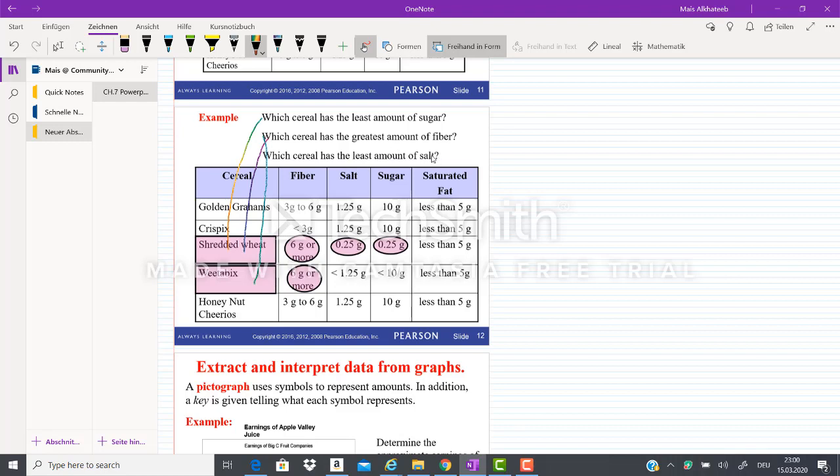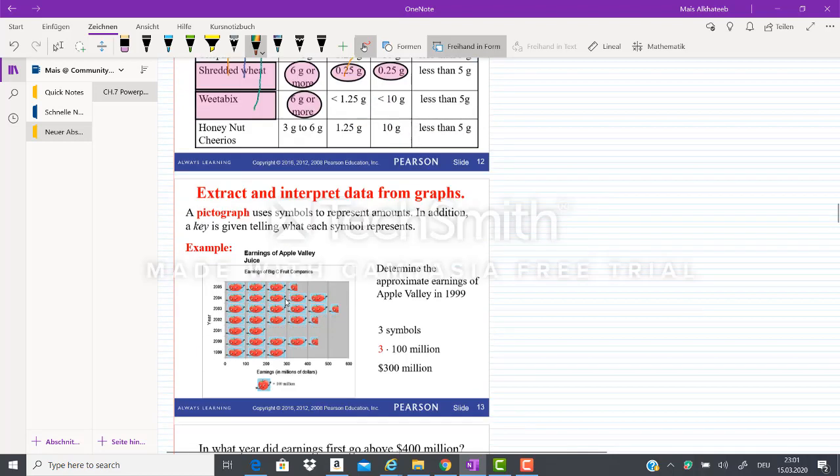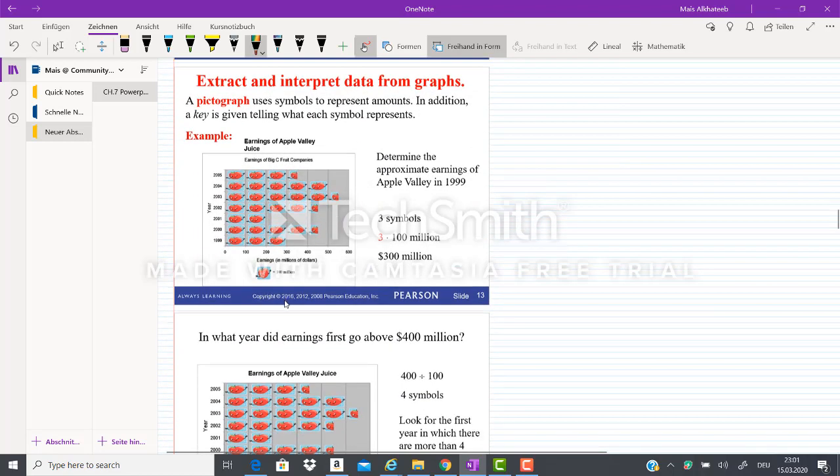The least amount of salt will be 0.25, by shredded white too. In this way we can read a table, if we go to the supermarket and want to buy something.